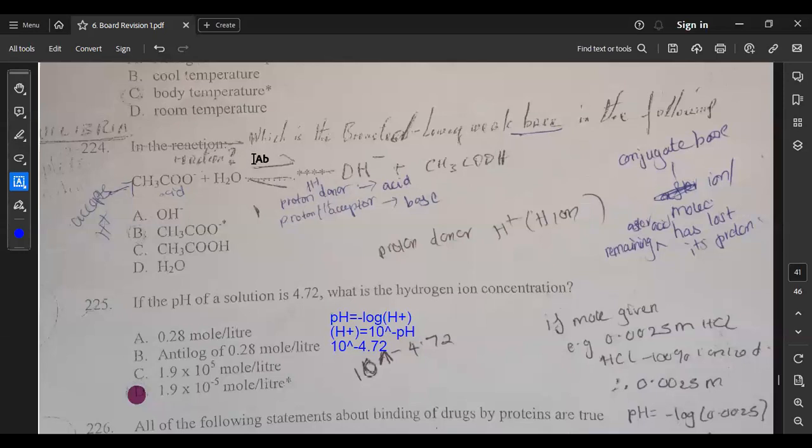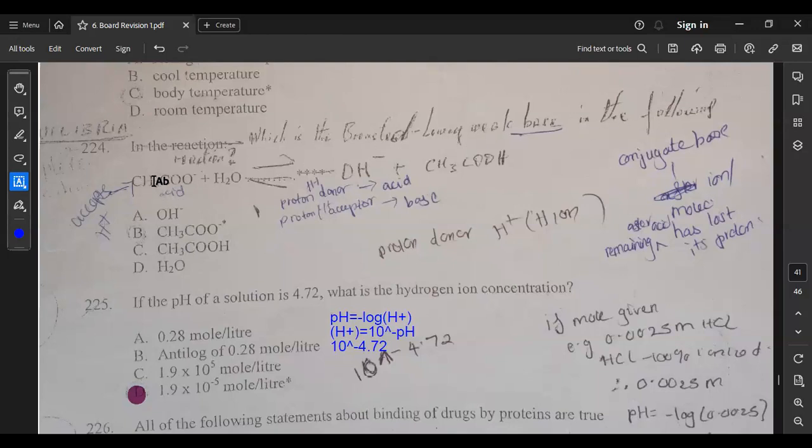I think the question is asking, in the following reaction, which is the Bronsted-Lowry weak base? So you're given this, and you have to figure out which is the Bronsted-Lowry weak base in the following reaction.